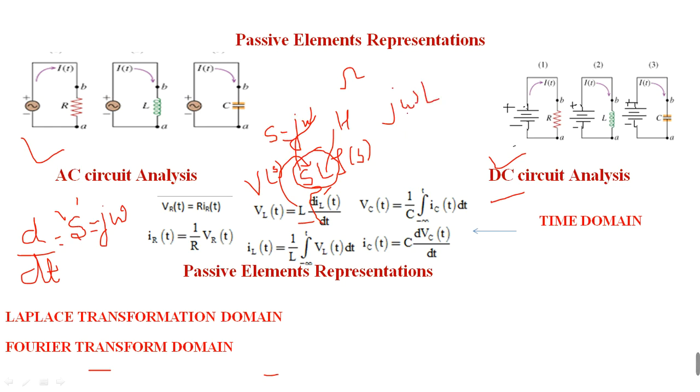There are different places where we use j omega and different places where we use SL, and why do we use all these things? Just to make calculation easier, because when the circuit becomes more and more complex, the equations can take us to first order, then second order, which we have already studied, and it can even reach third order. To make the mathematics easy, we are using Laplace transformations.